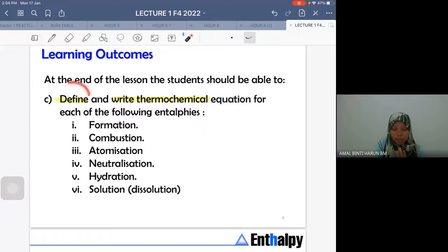If students are unable to understand the definition, then students cannot write the thermochemical equation correctly, because the thermochemical equation is following the definition of each enthalpy. Here we have 6 enthalpy that you need to know: the enthalpy of formation, combustion, atomization, neutralization, hydration, and solution or dissolution. Okay.